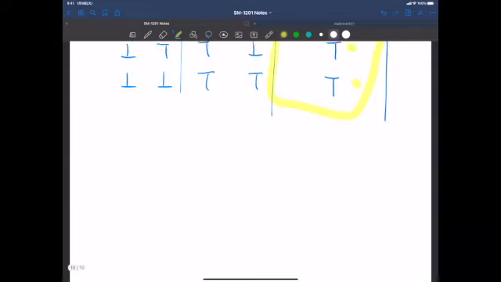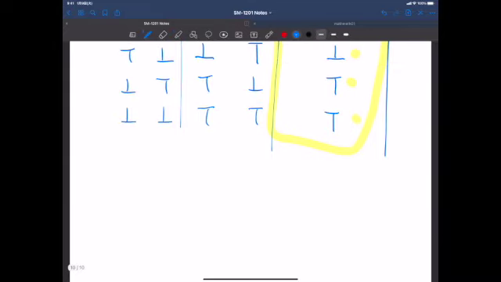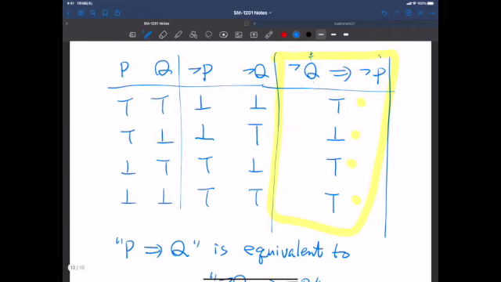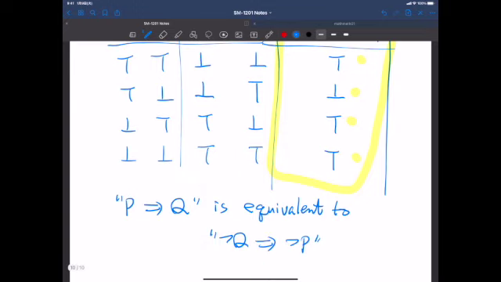So that means P implies Q is equivalent to not Q implies not P. Okay? So the contrapositive of an implication is the same as the original implication.